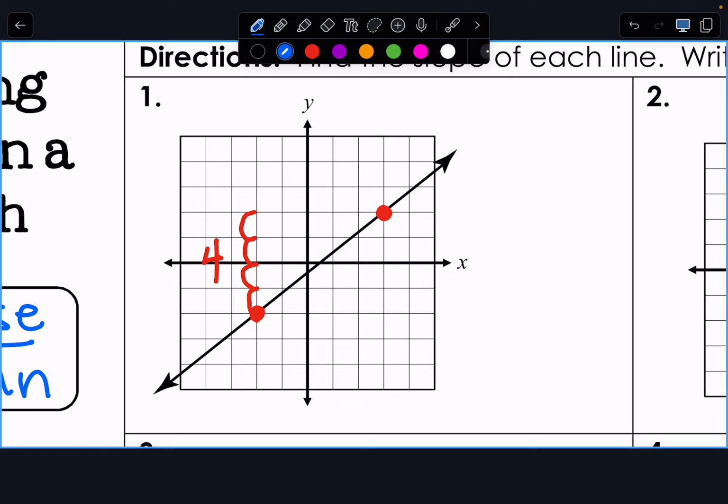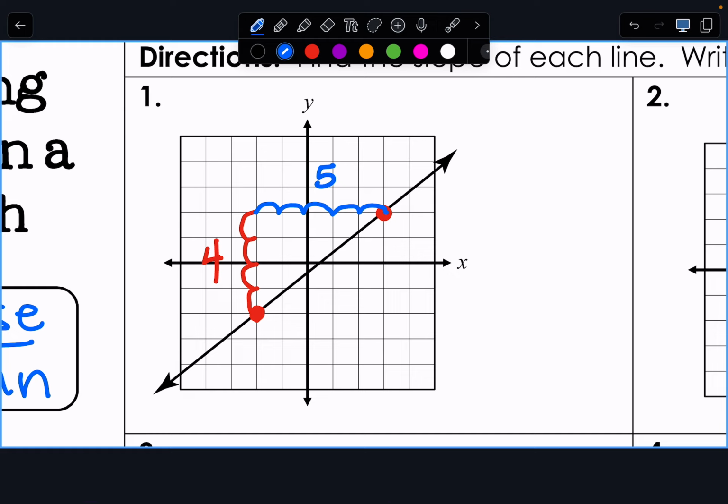Now, how many would we run to get to the next one? 5. Okay. Now, I used my pencil tip to count. If you want to, like we did on that warm-up, just make a straight line to make a triangle, that's fine too.